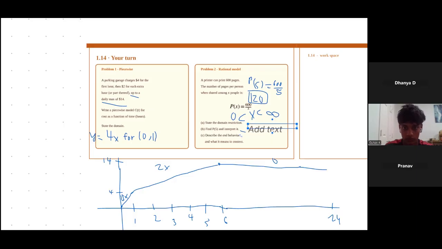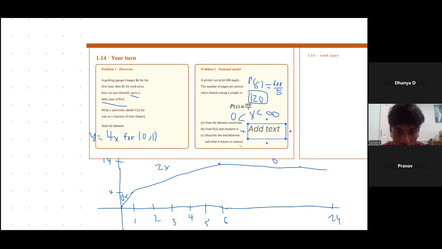When there are 5 people sharing the printer, there will be 120 pages per person. Shoot this way. Okay, nice.